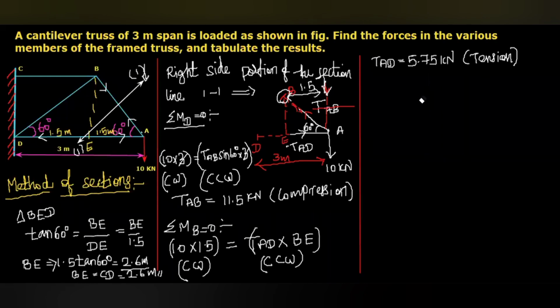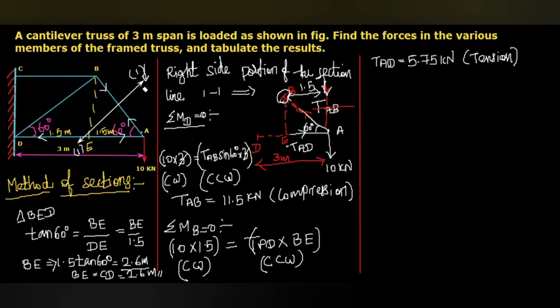Now I am going to draw another section line, 2-2, which intersects BC, BD, and also BA. As we discussed earlier, a section line can cut a maximum of 3 members. If it cuts more than 3 members, that will be tedious.